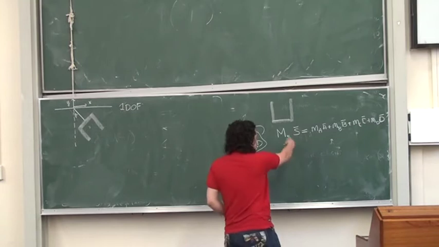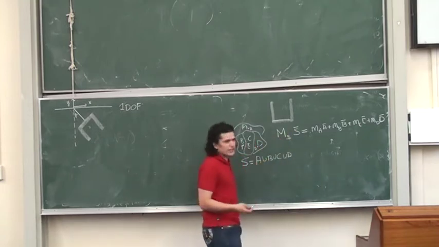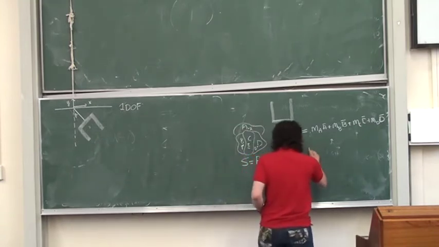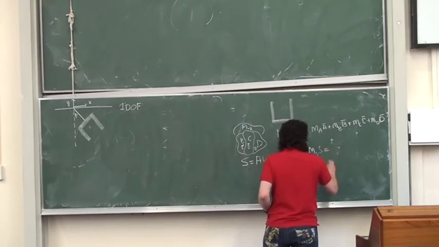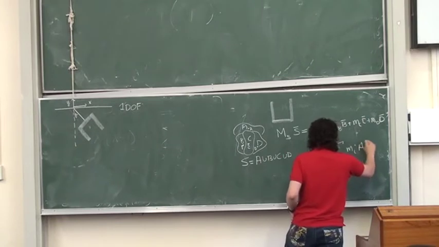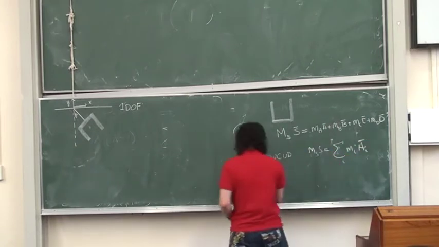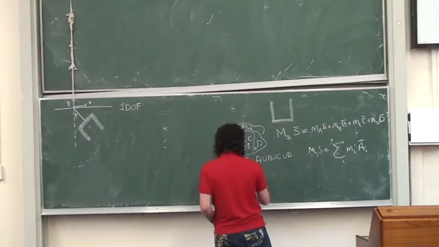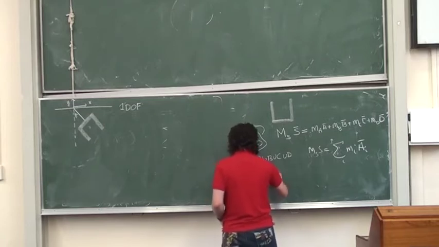If S was the union over i of A sub i, then I could write M_S times S bar is equal to the sum of M_i times A_i bar.